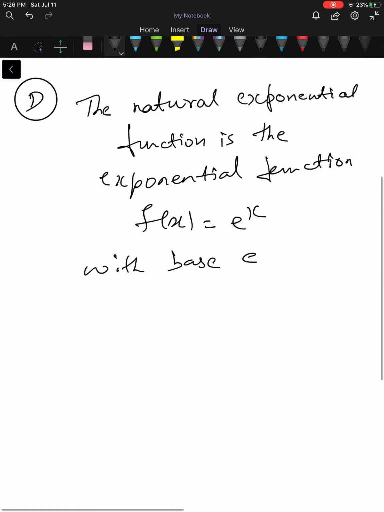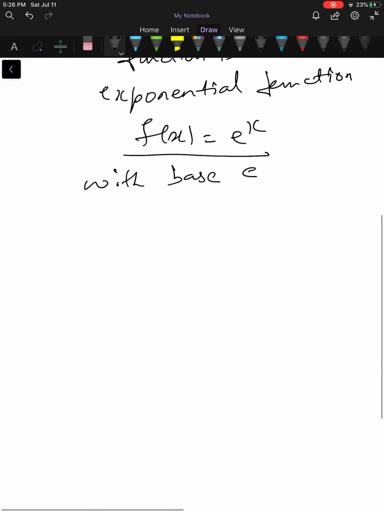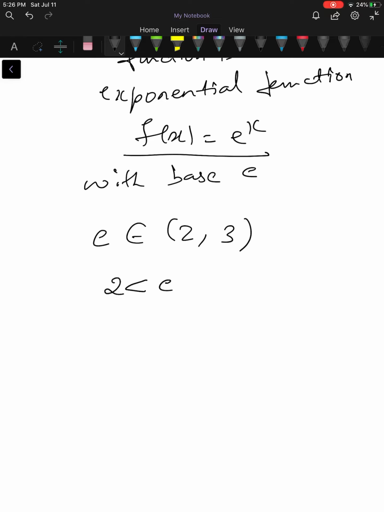It is often referred to as only the exponential function. We can see that e takes a value between 2 and 3, so e is greater than 2 and less than 3.